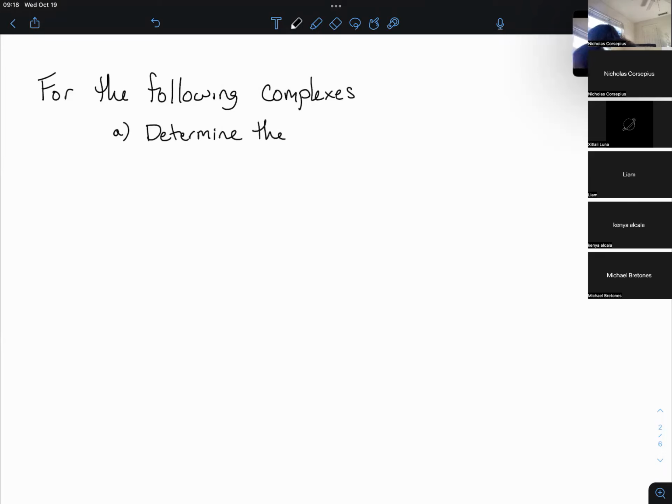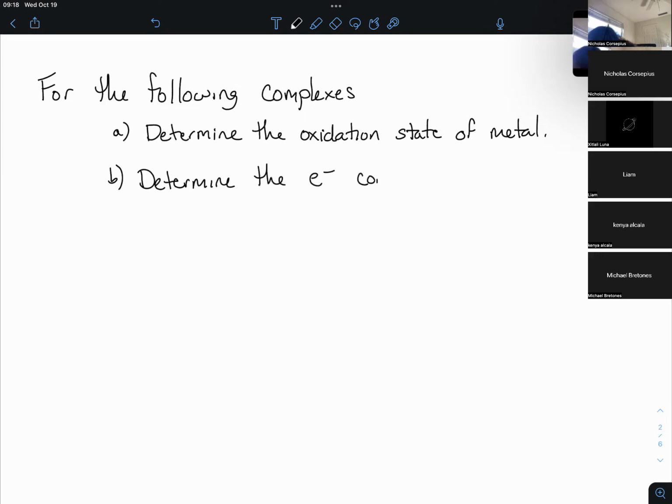All right, so for the following, we're going to first determine the oxidation state of our transition metal. And we're going to determine the electron configuration of that ion.